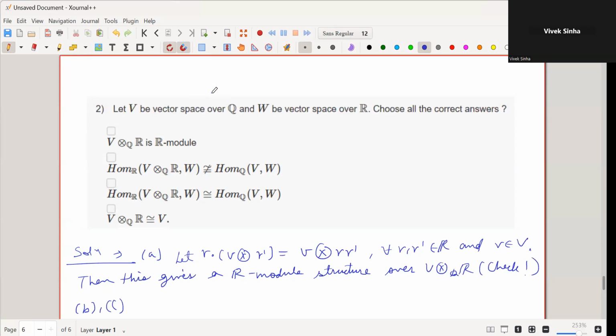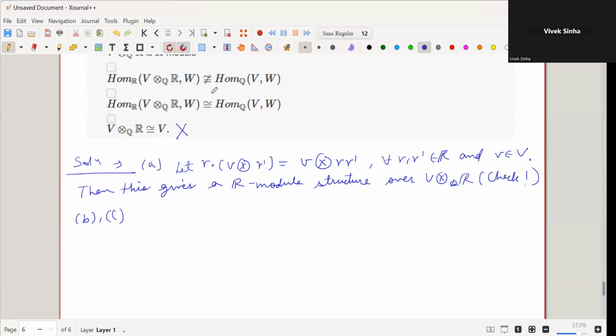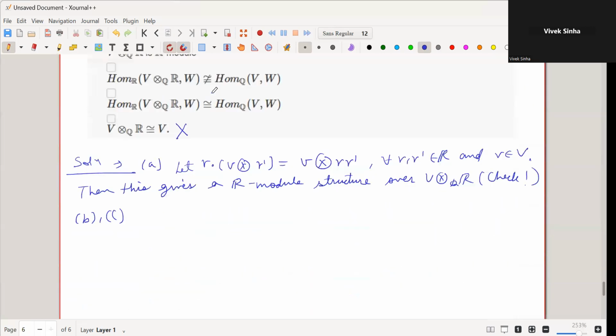If it would be V tensor Q, then it would be V. But here instead of Q, it is R. V tensor Q is isomorphic to V, but V tensor R is not isomorphic to V. This is also not correct, because here the ring is changed, so we cannot say that it will be V only. It may or may not be. We can see some examples for that also.